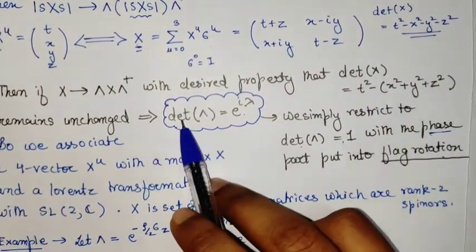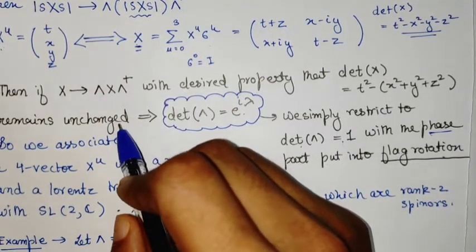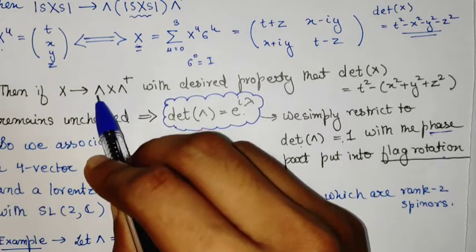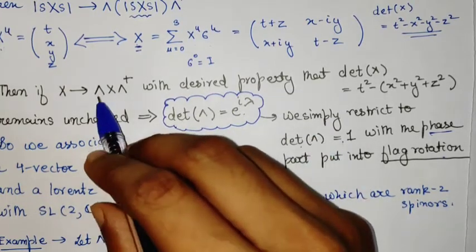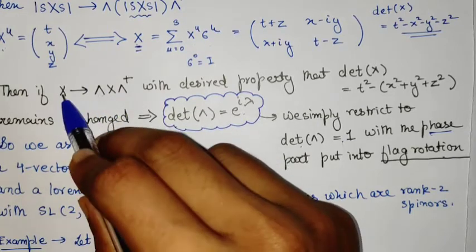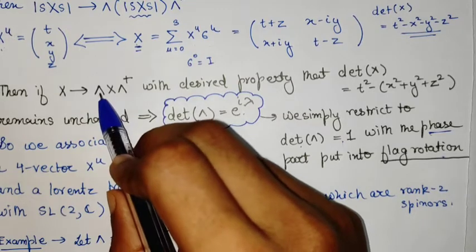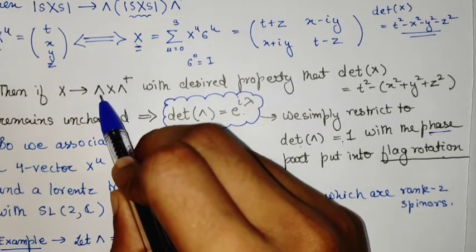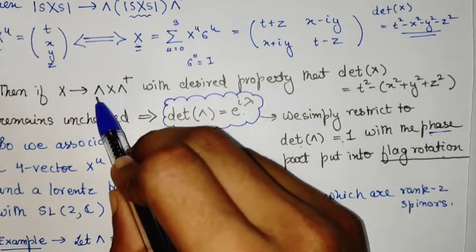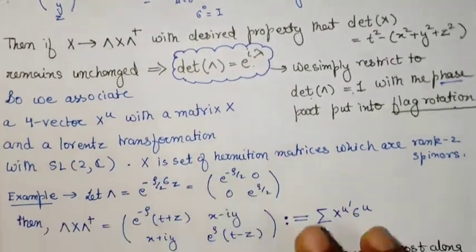Anyway, the only restriction imposed by the Lorentz transformation is that the determinant is 1. So it is a 2x2 matrix which can take complex values, because X is Hermitian, it is over a complex space, such that the determinant is 1. This means it belongs to the group SL2C, as we will see now.